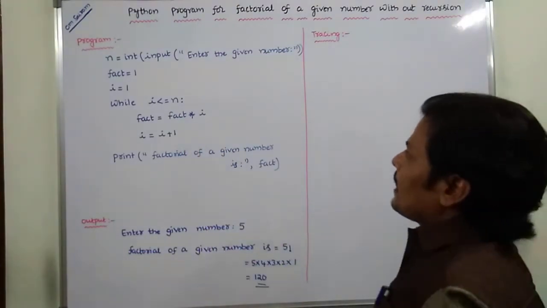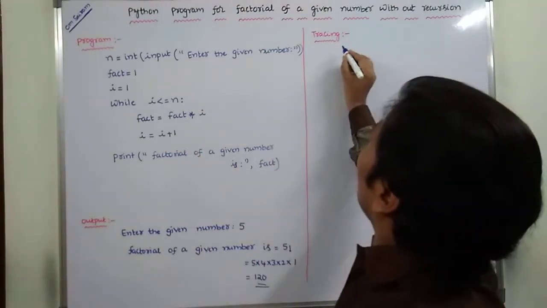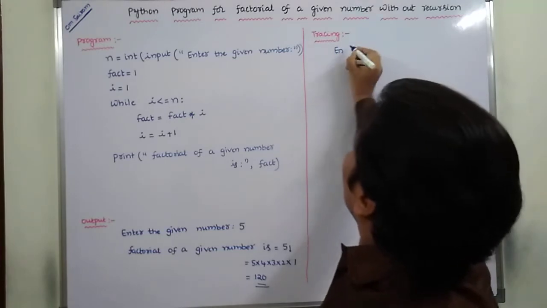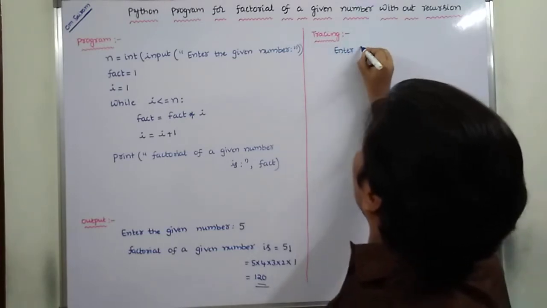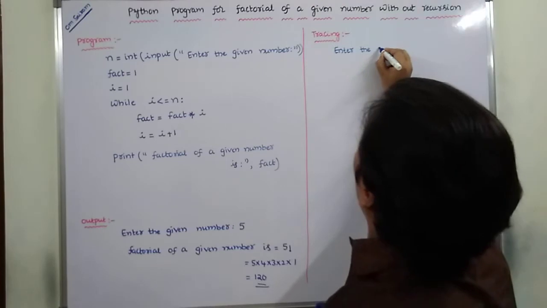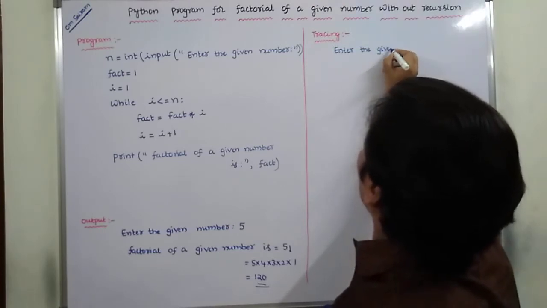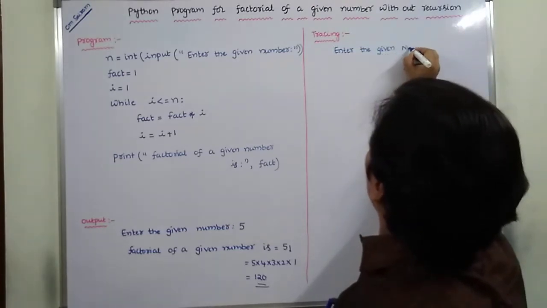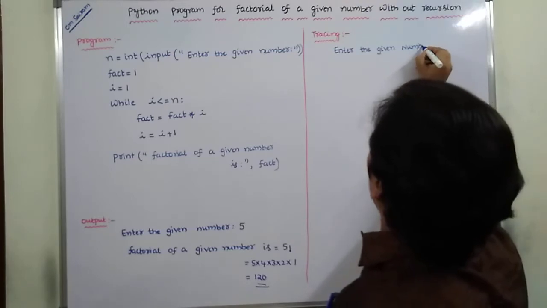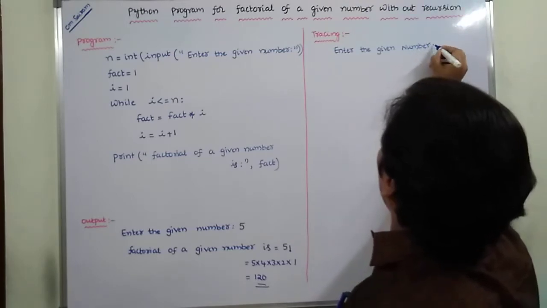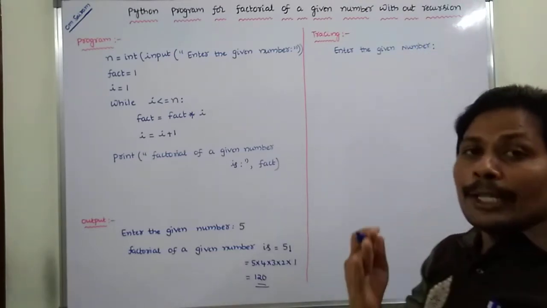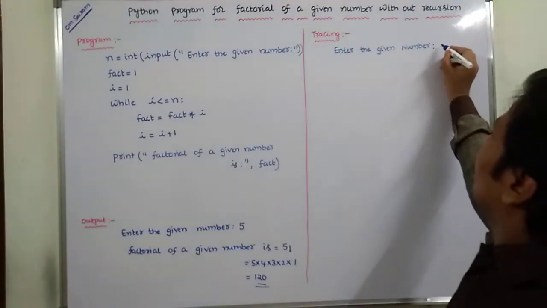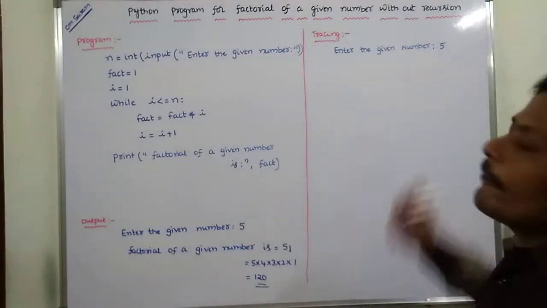Okay, so first statement, enter the given number. This number can be entered by the user from the keyboard. So I am entering 5.